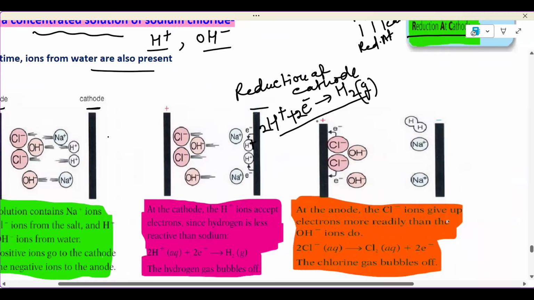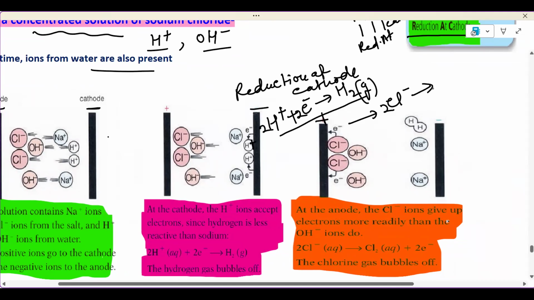What happens at the anode? The chloride ions give up electrons more readily than the hydroxide ions, and chlorine gas bubbles off. Here it should be 2 chloride ions.